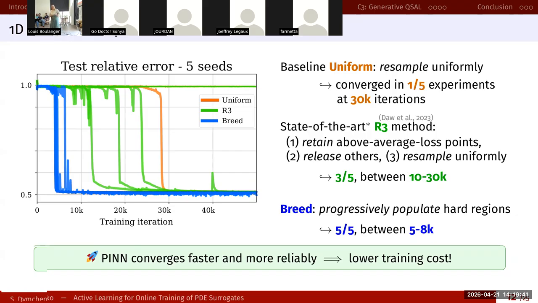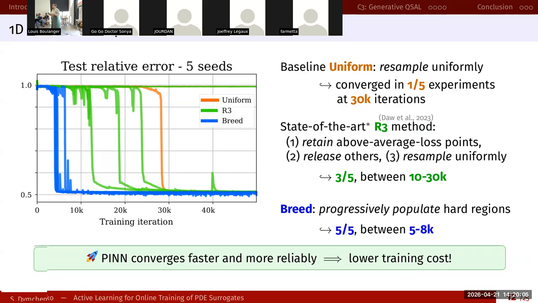In the R3 method, in each round, the points which show above average loss are retained for the next round. And every other point is just resampled uniformly. The difference with BREED is that BREED creates new points near the hard, above average loss points, while in R3 they're just retained for the next iteration.